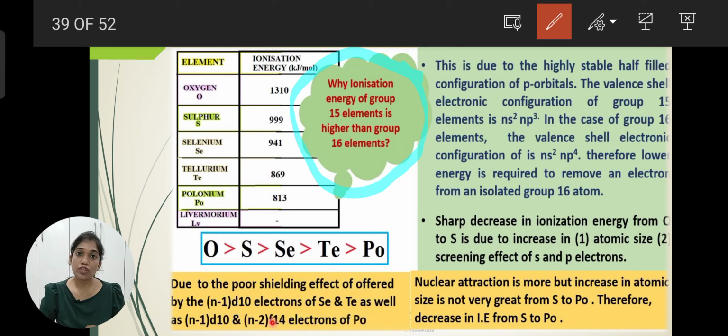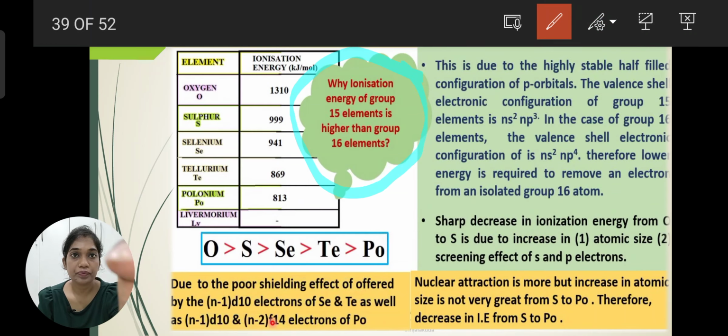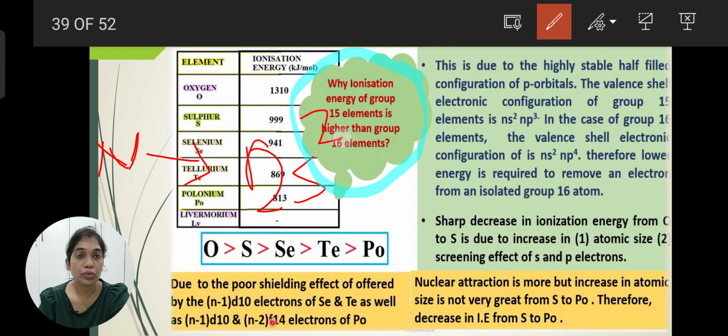Actually, in case of nitrogen family, you can see that the outer electronic configuration, for nitrogen, it is 2s2 2p3. Okay, so this is the electronic configuration of nitrogen. Now you can see that there is a half filled electronic configuration.